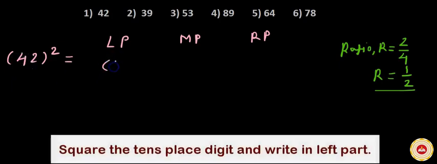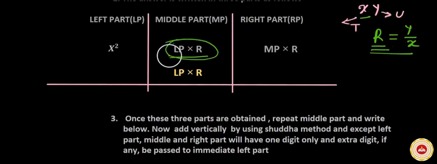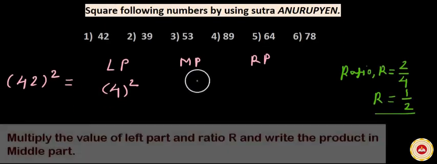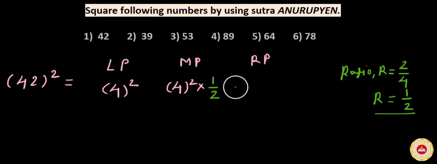So square 4 and write it in the left part. What is the middle part? The middle part is the left part multiplied by the ratio R. Left part means the value of the left part. What is the value of the left part? The value of the left part is 4 square, multiplied by the ratio 1 upon 2. And write this in the middle part.